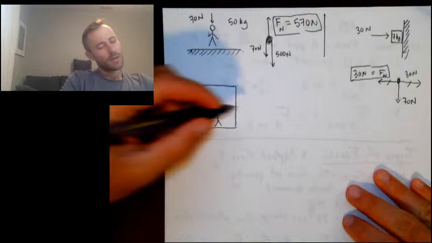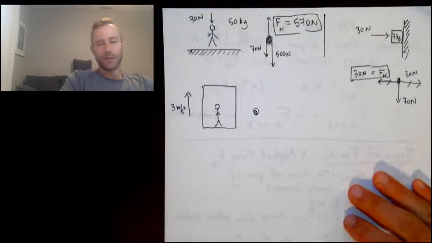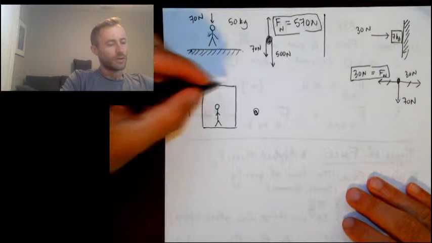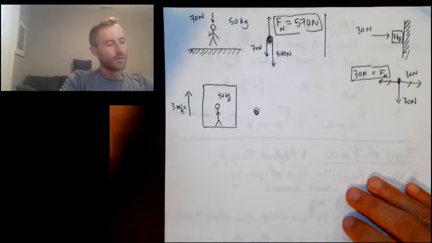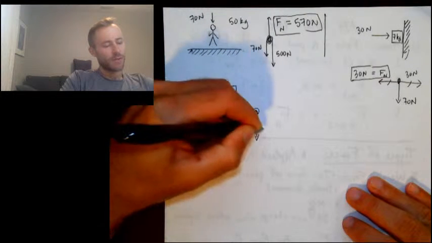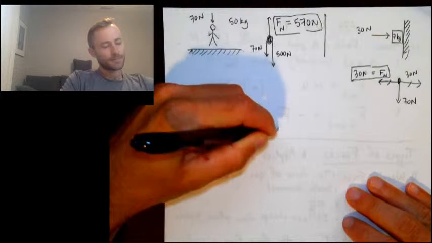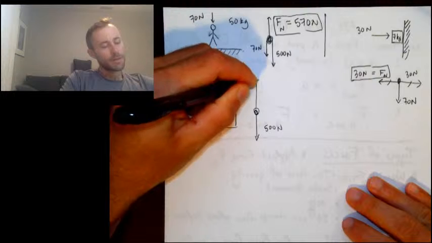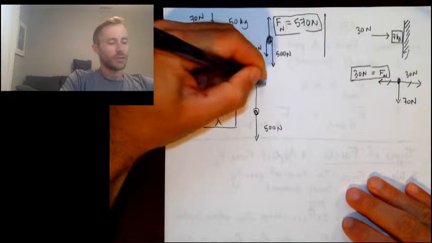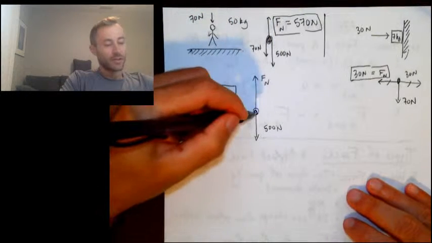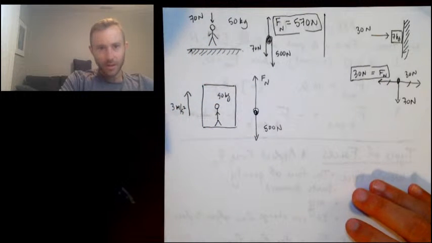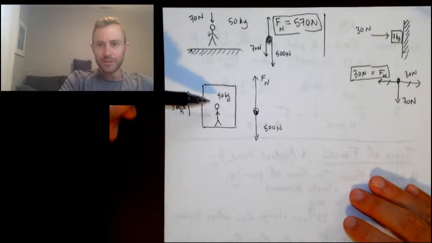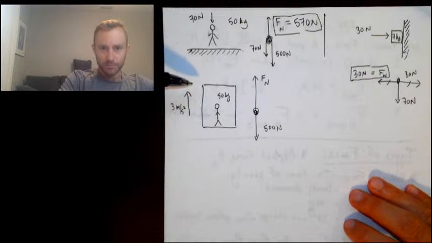If we draw a free body diagram for this person, let's again say it's our 50 kilogram person. The weight force is going to be 500 newtons downward. The normal force is going to be going upward, but in this case, the normal force will be bigger than the weight force. Why is that? That is because the elevator is accelerating upward.